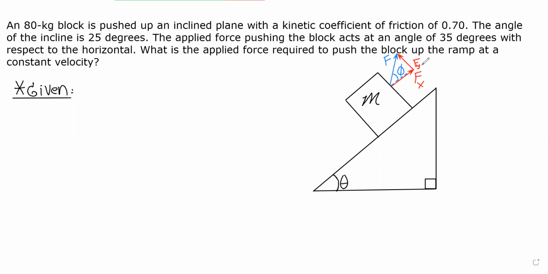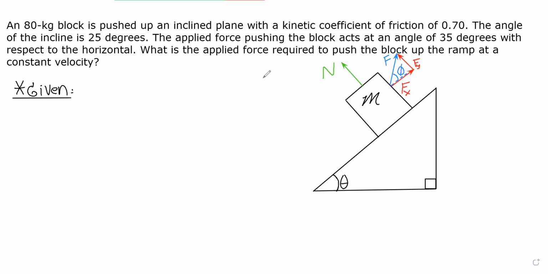I should have left more space, but that's good for now. Okay, and again, there's going to be a normal force acting on the block. That's the force of the ramp pressing against the block. If you're on a surface, you always have a normal force.